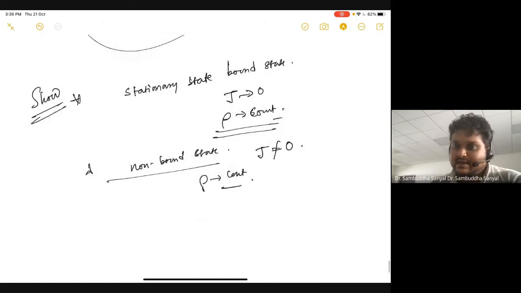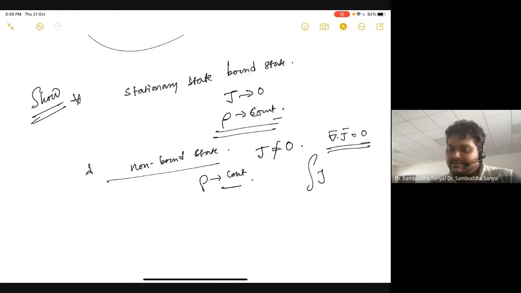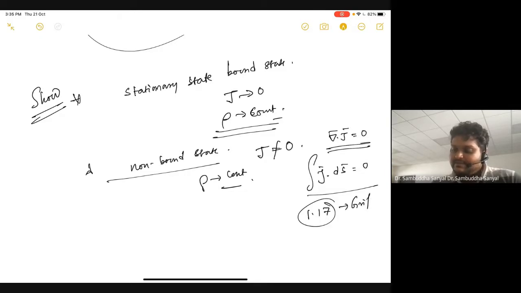And you will see there that del dot J, the divergence, must vanish, otherwise it will not satisfy the continuity, which means it must satisfy this. This is just to make an analogy with electrodynamics. So you can check problem 1.17 in Griffiths, which does the same in 1D.